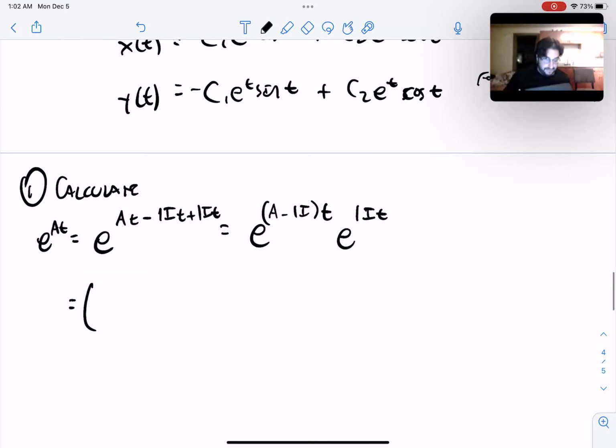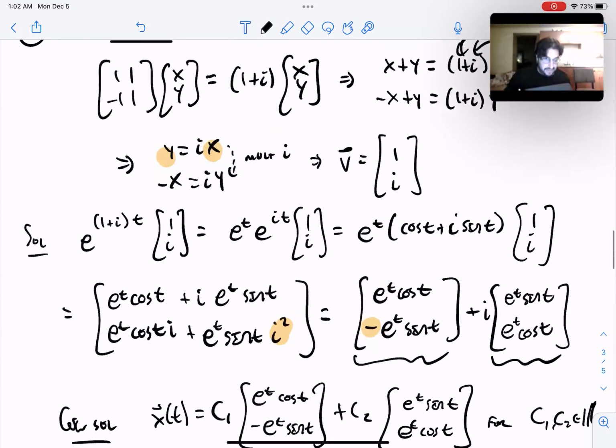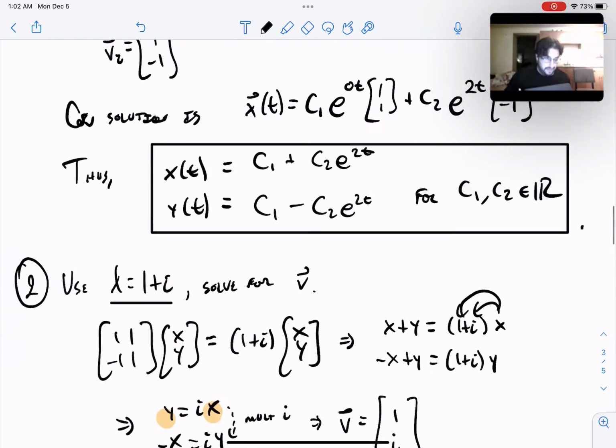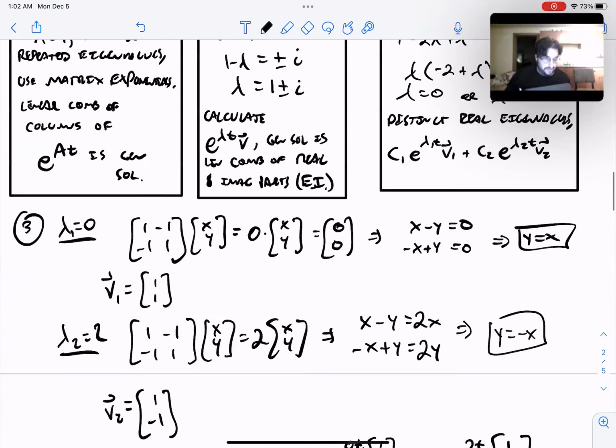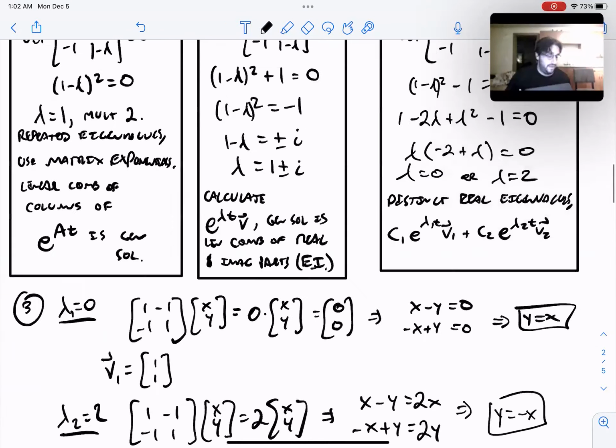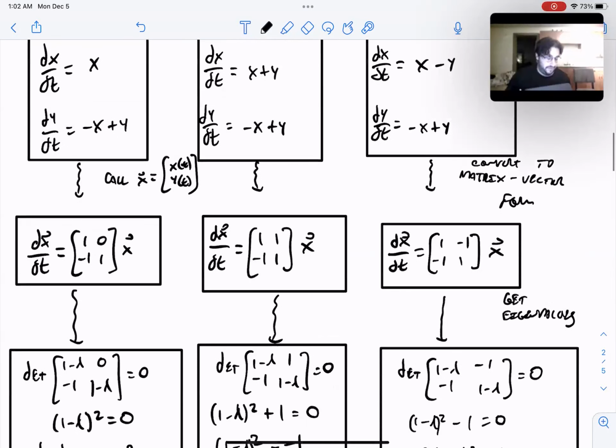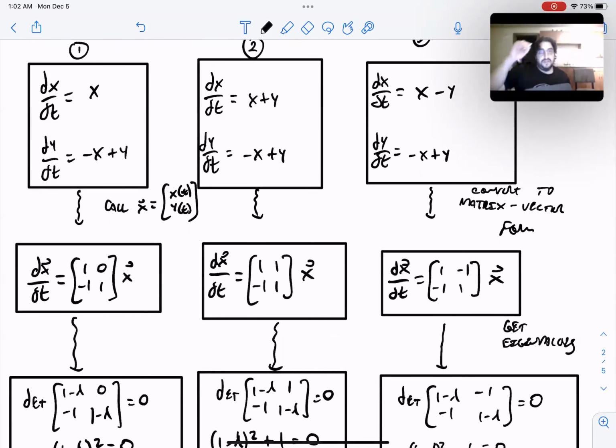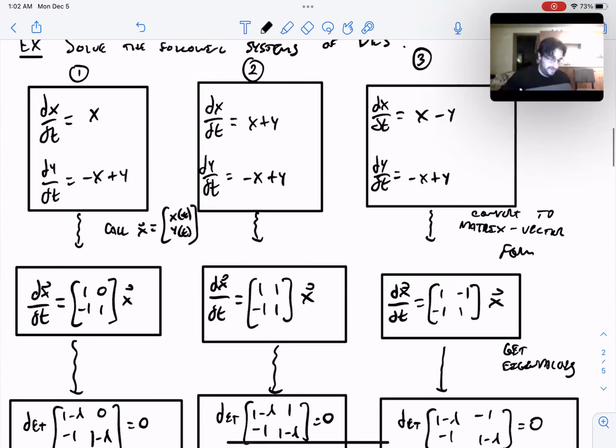So what is A minus lambda I on this system one? It's actually going to be 0, 0, minus 1, 0, right? This is the first system.